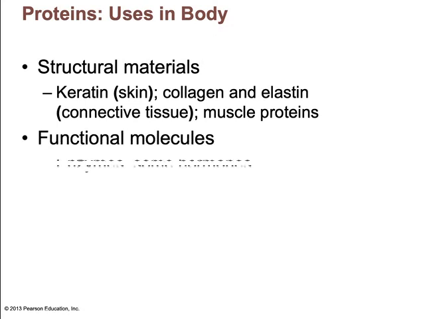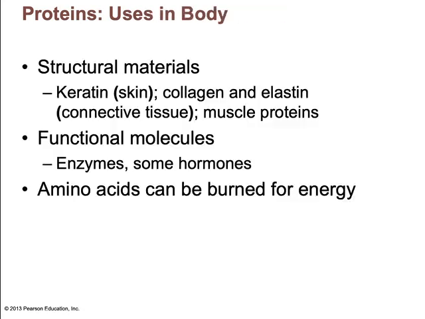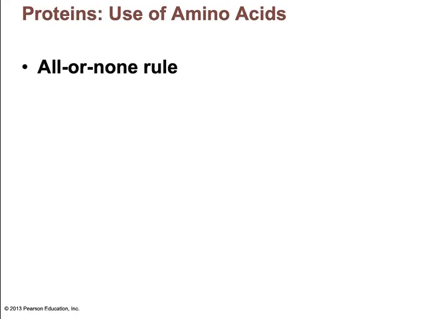Now, the main use of protein is to carry out really any life process that you can name. Structural proteins include collagen and keratin and elastin, all right, and actin and myosin, the muscle proteins. They act as enzymes to catalyze chemical reactions. Some of them are going to be hormones, and sometimes the amino acids can be utilized for energy, but primarily the reason to eat protein is to make new protein.